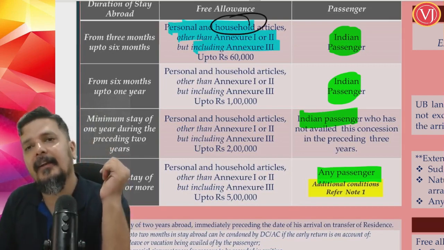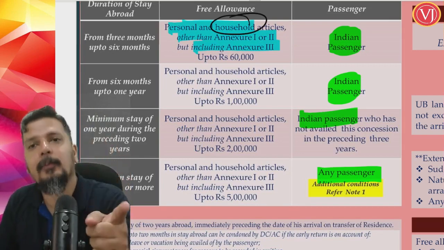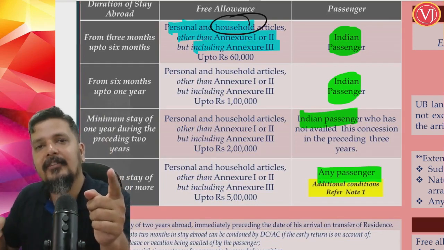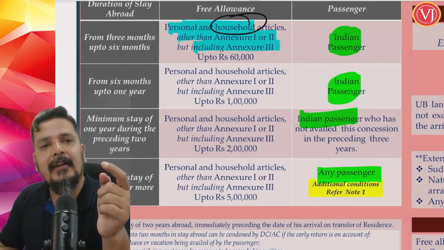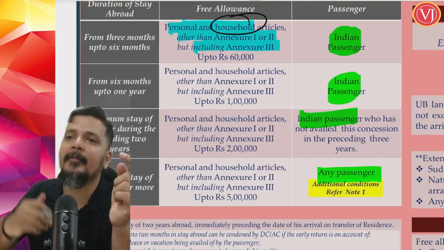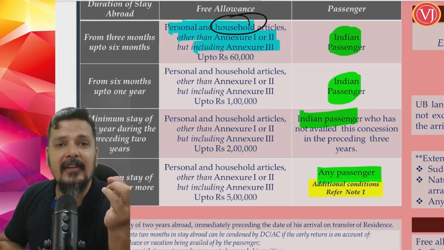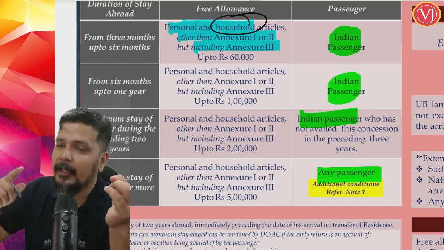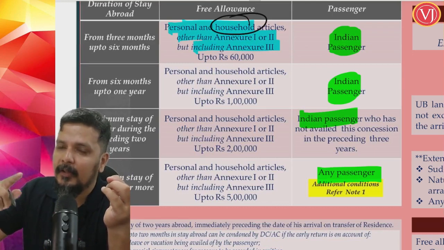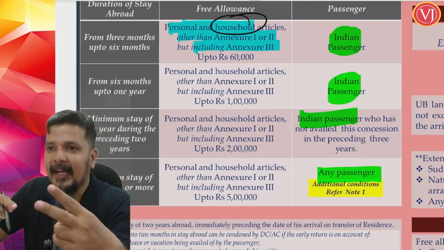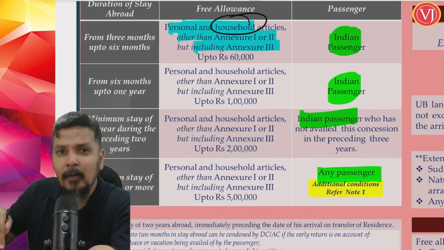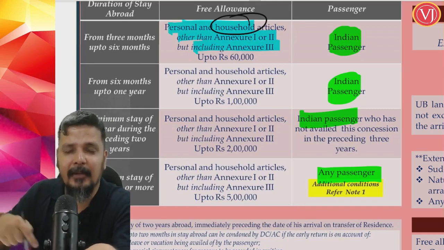Now please understand. If it is used personal effects, you will never touch Rule 6 because you have unlimited exemption in Rule 3, Rule 4. If it is new personal effects, new items, you will use Rule 3 and try to plan even in Rule 6 if at all there is a limit available.